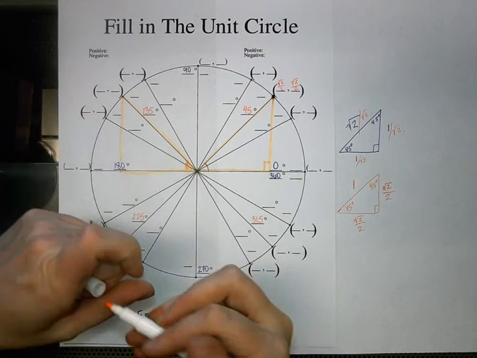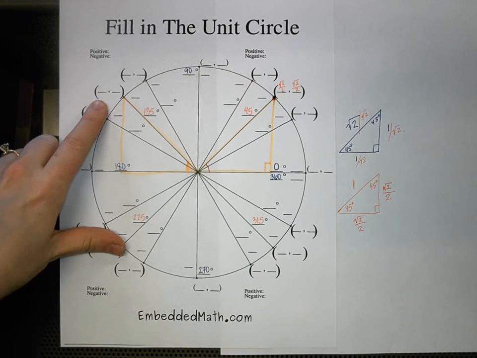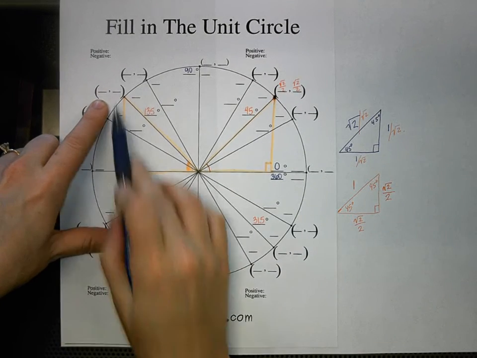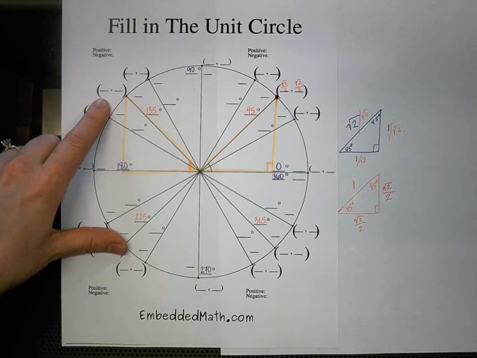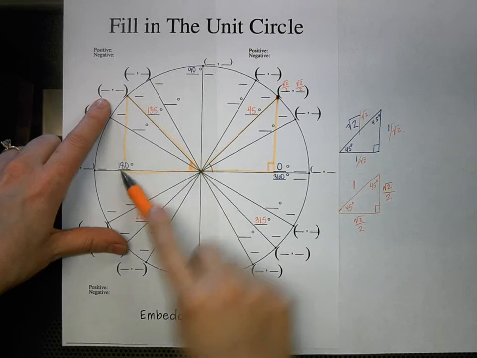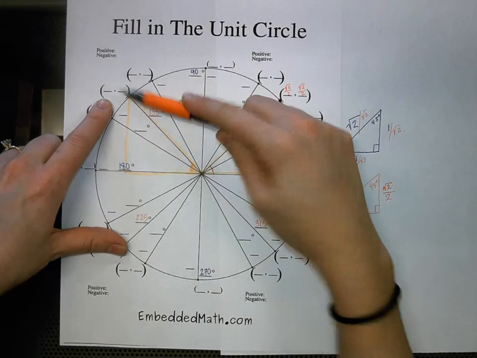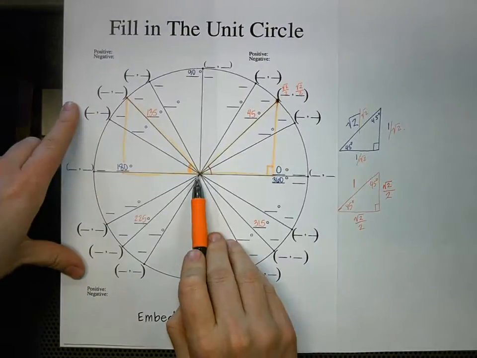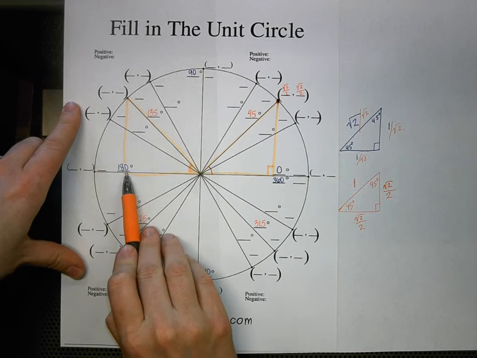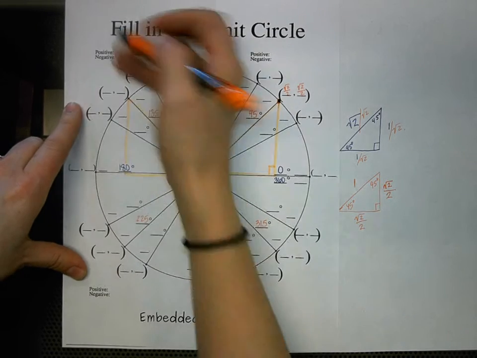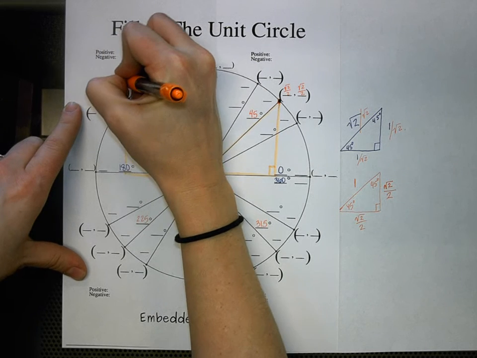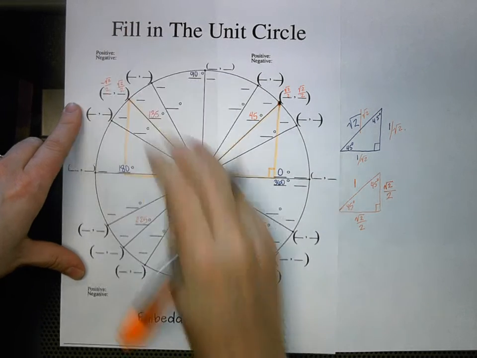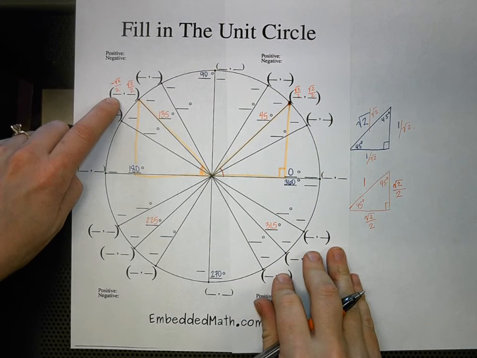All right, which means my x and my y are the same except for one of them is negative. Which value is negative, the x value or the y value? The x. We're going left x, up y, and we know the left side of the x-axis is negative. So that's negative root 2 over 2, comma, positive root 2 over 2.